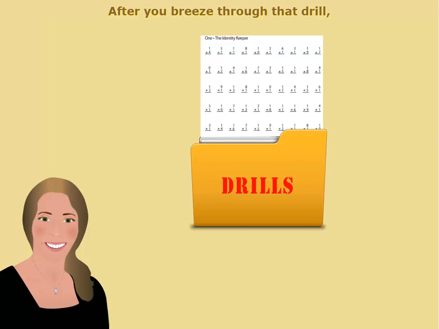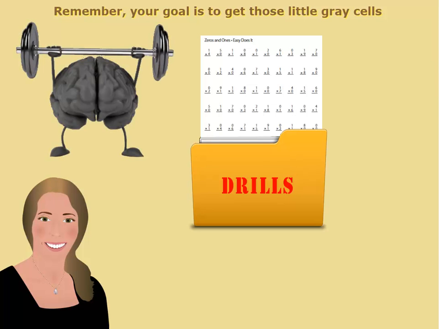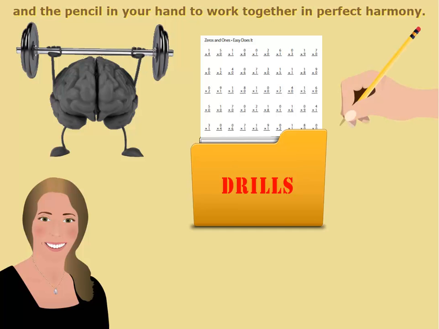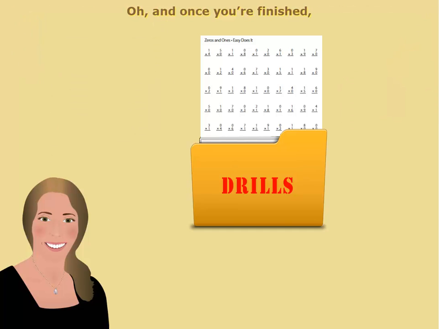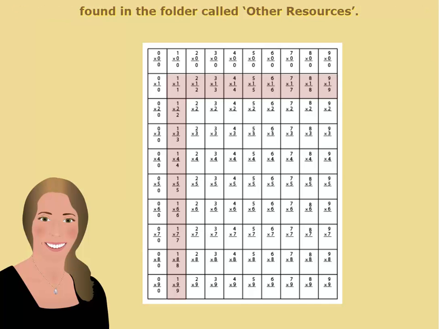After you breeze through that drill, which no doubt you will, try out his drill for both 0 and 1's facts. Remember, your goal is to get those little gray cells and the pencil in your hand to work together in perfect harmony. Oh, and once you're finished, don't forget to add 1's facts to the page entitled All the Facts, found in the folder called Other Resources.